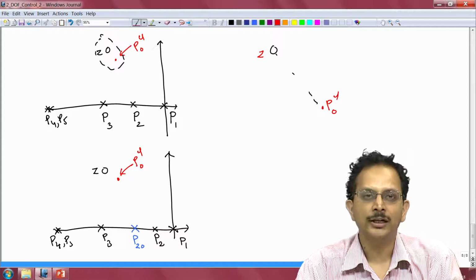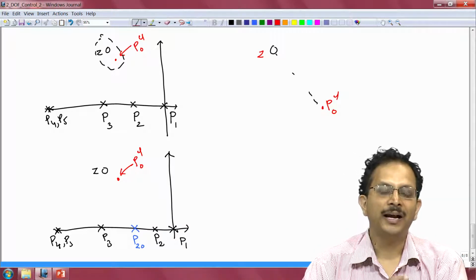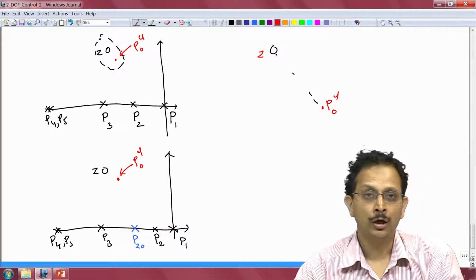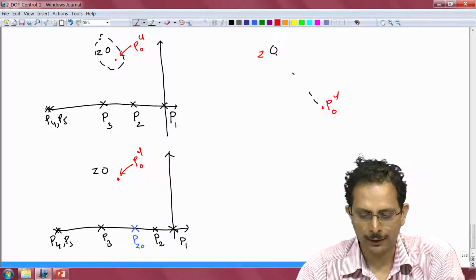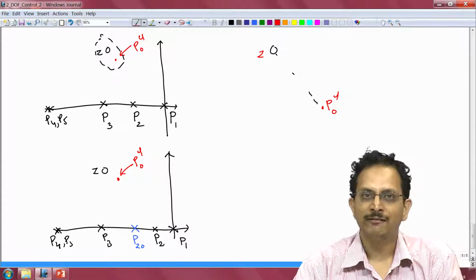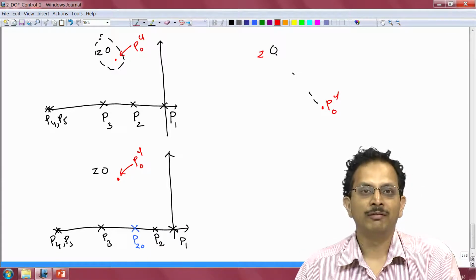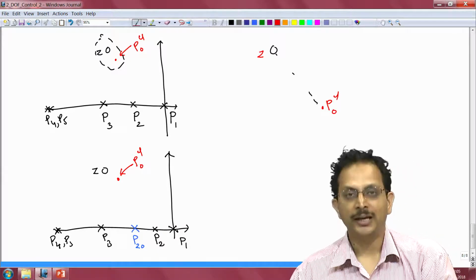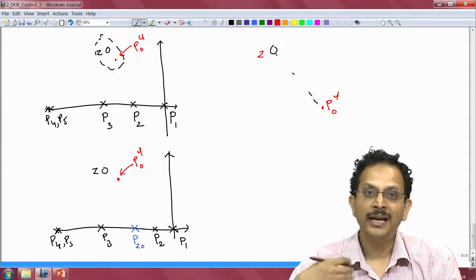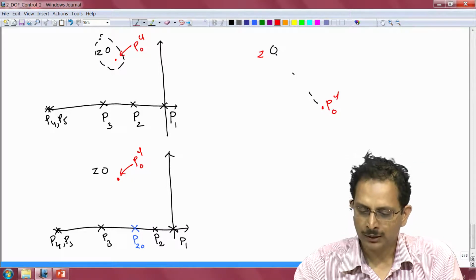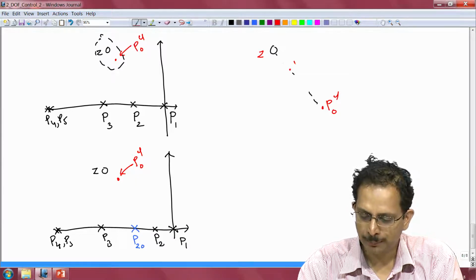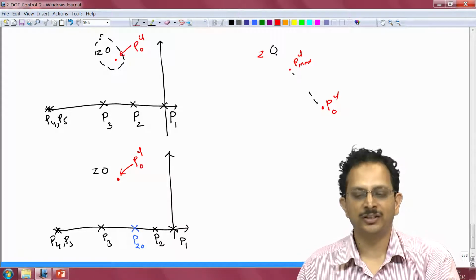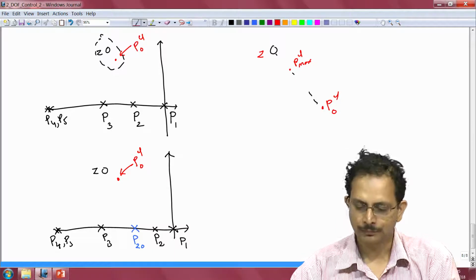Now, if we have uncertainty associated with the gain of the plant, and the plant's gain can increase by a factor of 3, from its nominal value of 1 it can go up to a value of 3, or it can reduce to 30% of its initial value, then 2 clips back we learnt that the closed loop pole will vary along a straight line that connects the point PCL naught to Z. In particular, we learnt that when the gain increases by a factor of 3, the point will move to the location PCL max, which is going to be 1/3 of the distance from the point Z as the point PCL naught is.